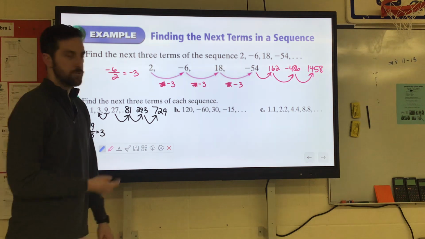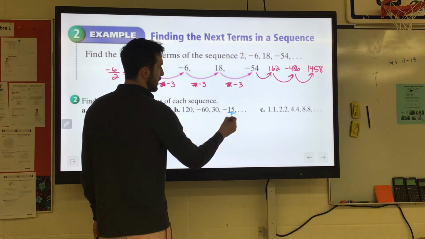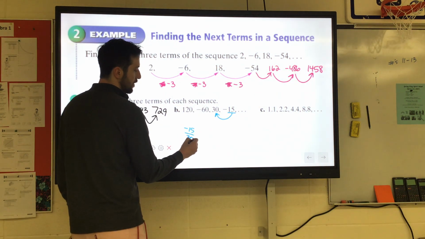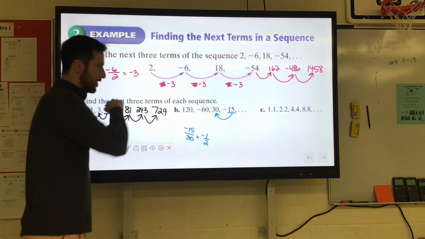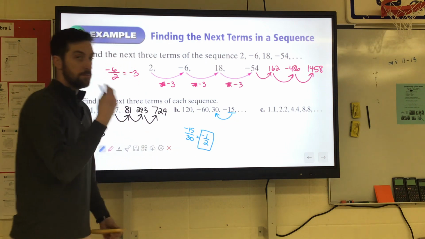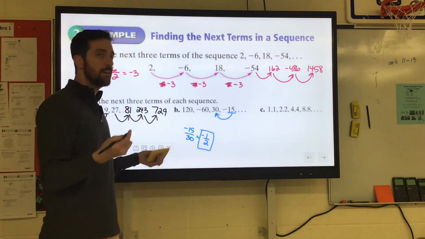All right, this one's a little trickier. We take any term, let's say we took negative 15. We divide it by the previous term. 15 goes into 30 twice, so this fraction, the common ratio, is negative 1/2. So we have to keep multiplying by negative 1/2. You can use decimals, negative 0.5.